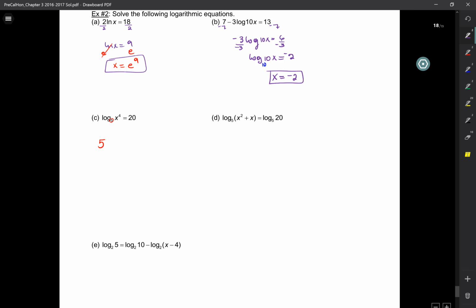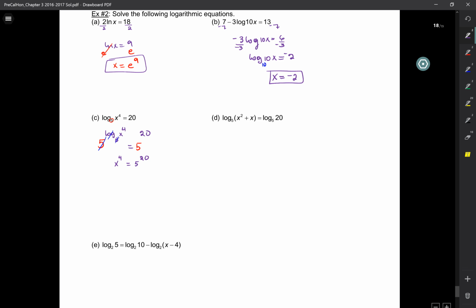So this is 5 to the power of log base 5 x to the 4 equal to 5 to the power of 20. So if you see in the purple, log base 5 x to the 4 equals 20, that's the main equation that we started with. The entire equation has now been elevated to an exponent of base 5. When we do that, we can get rid of this, and x to the 4 is equal to 5 to the power of 20. Okay?